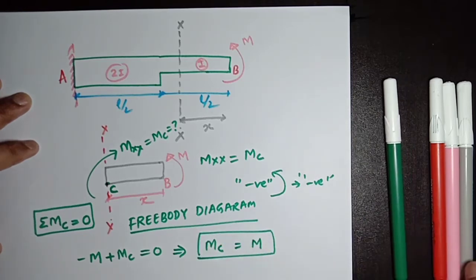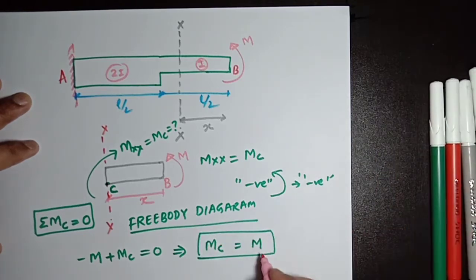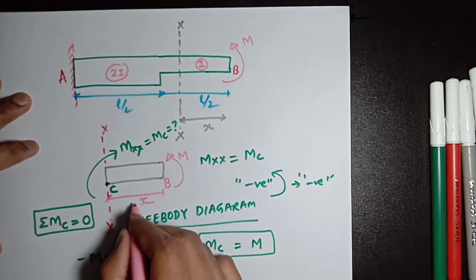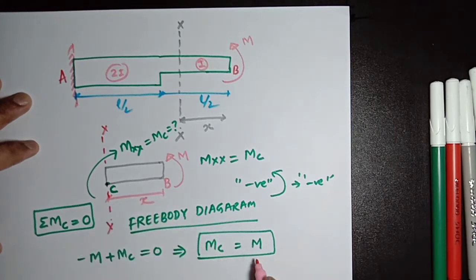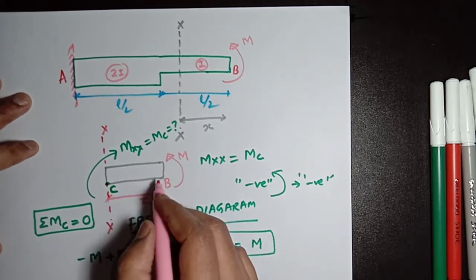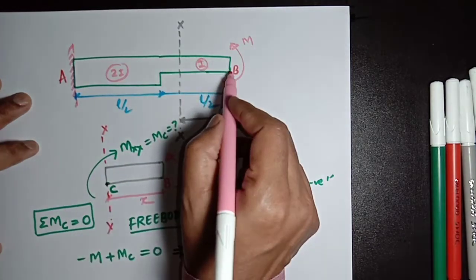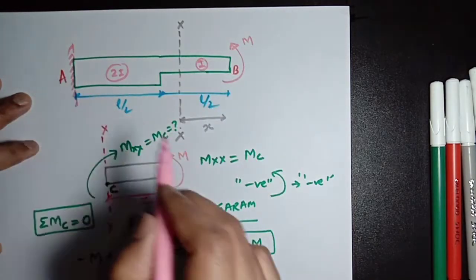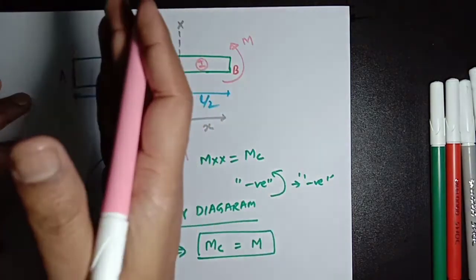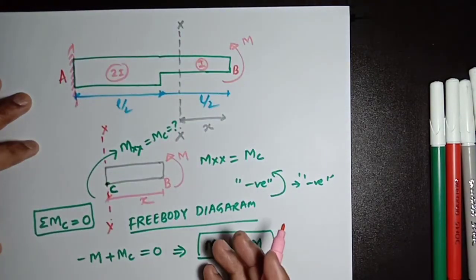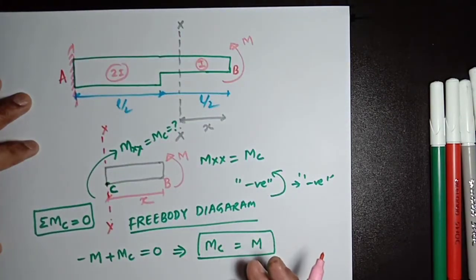This calculated moment at a distance x from point B is equal to M. This is not any function of x, so we can say the moment is constant through the entire length of this beam, because whenever we take any section, the moment is not going to change.